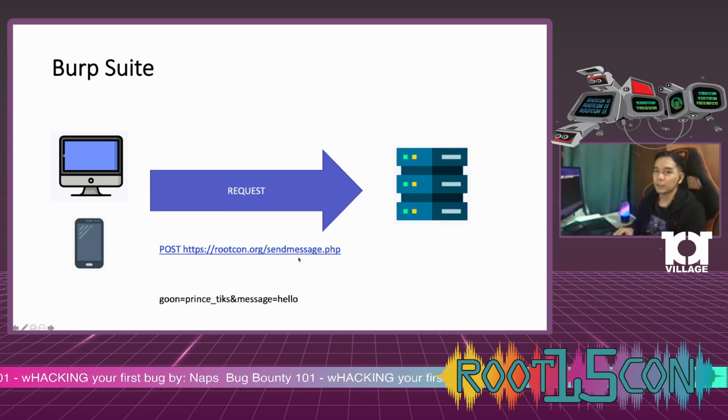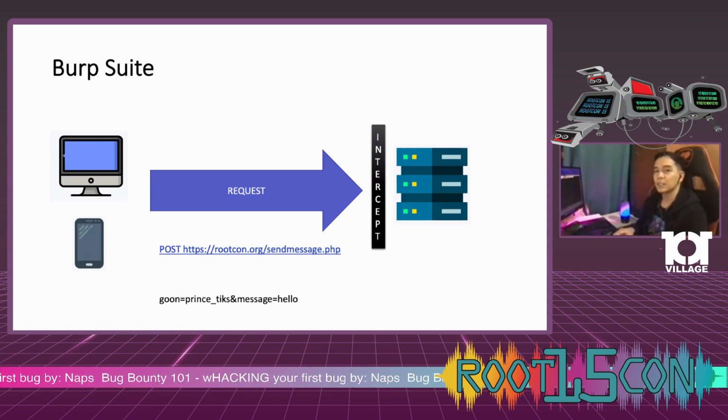In Burp Suite, upon sending, what we could do is block or intercept that request. After that, we can now modify it and change the goon parameter to semprix. So now it is changed. It is now the modified request.